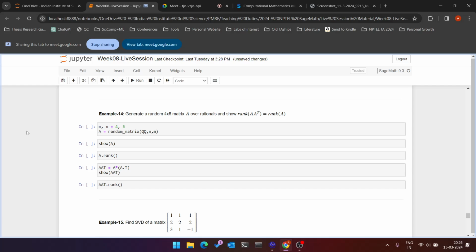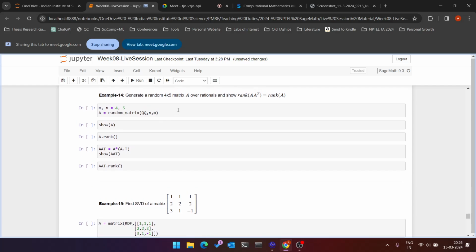So the next example we have is regarding generation of a random 4 by 5 matrix A, and for that we want to simply check what the rank of A into A transpose looks like and if it is indeed equal to rank of A itself.